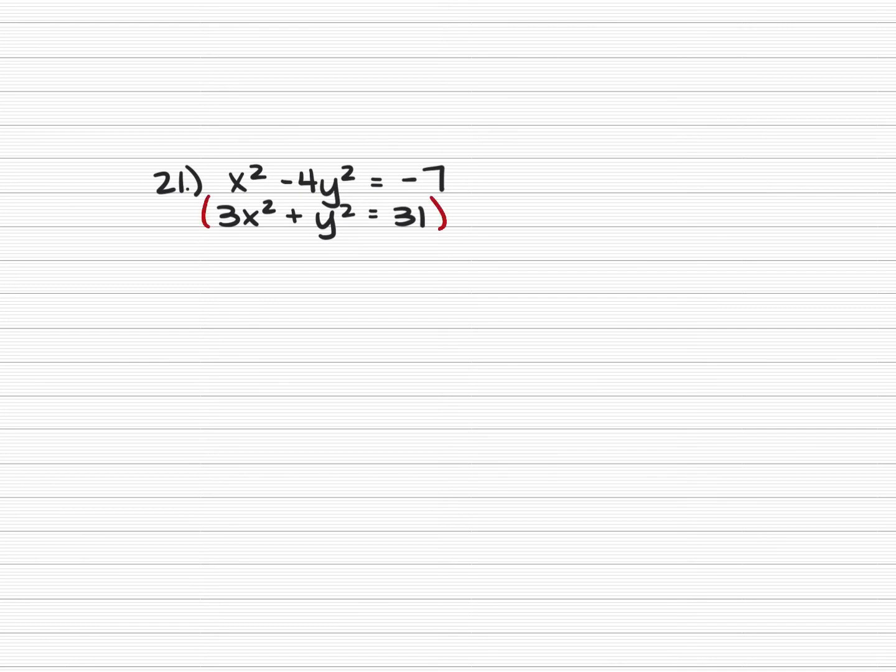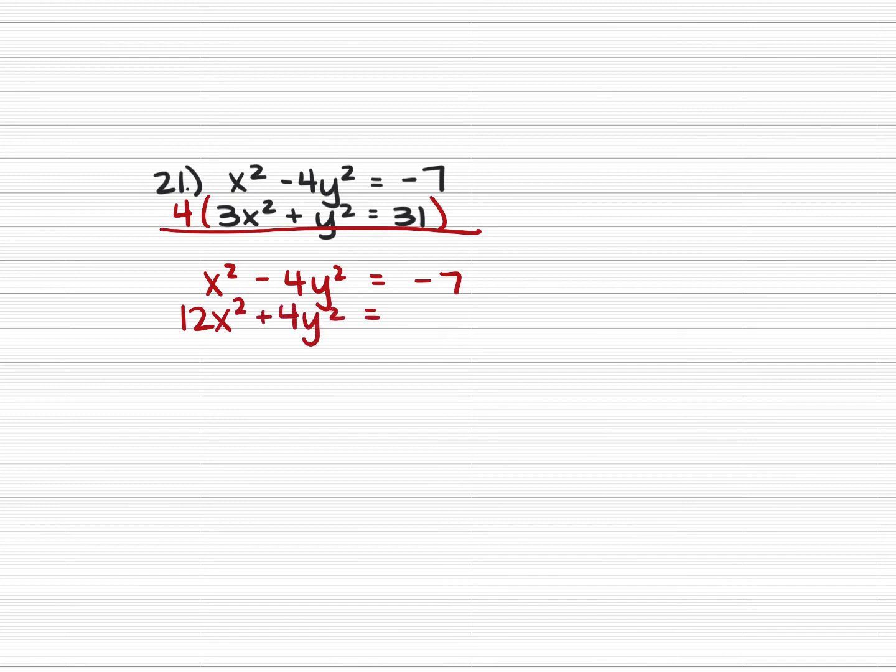So if we multiply the last equation by 4, this is going to give us x squared minus 4y squared is equal to negative 7, as well as 12x squared plus 4y squared is equal to 124.